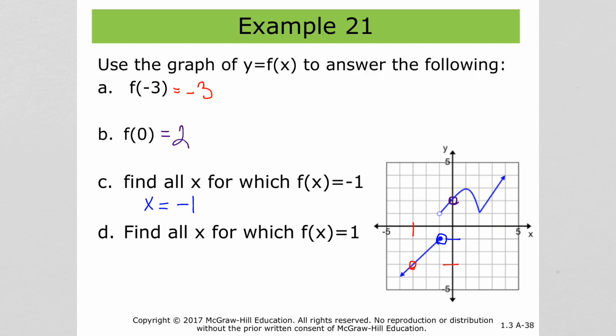So y is 1 right here. But that is an open dot. So that's not going to be a case. But over here, where y is 1, x is 2. So we can say that there is a 2 for which f of x is 1. Or that f of 2 is 1.